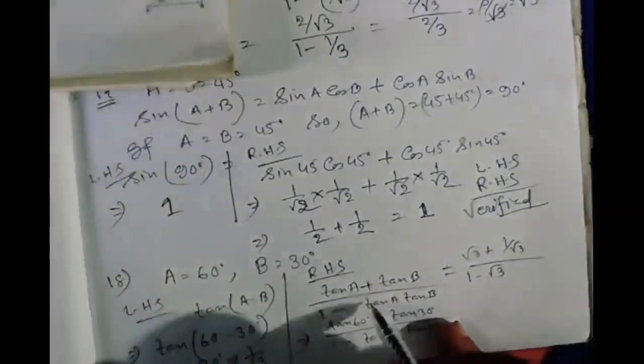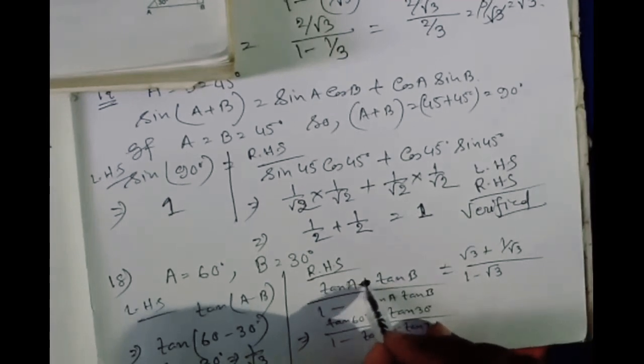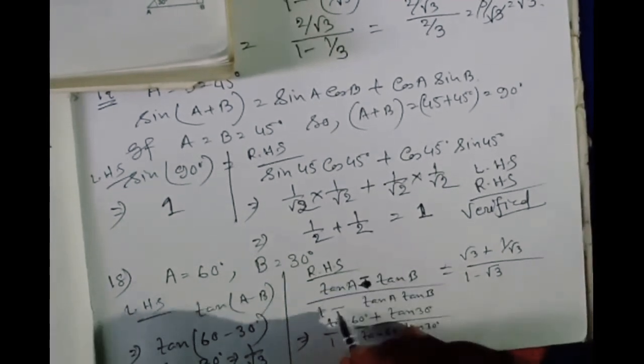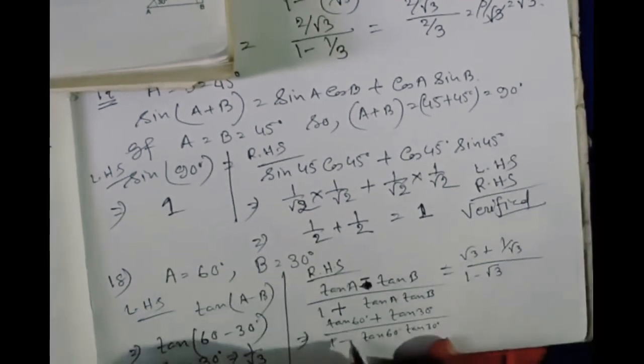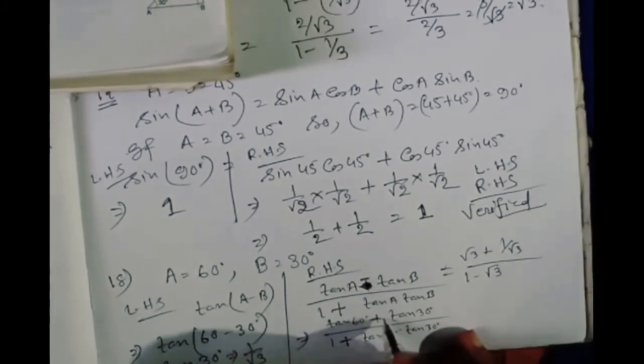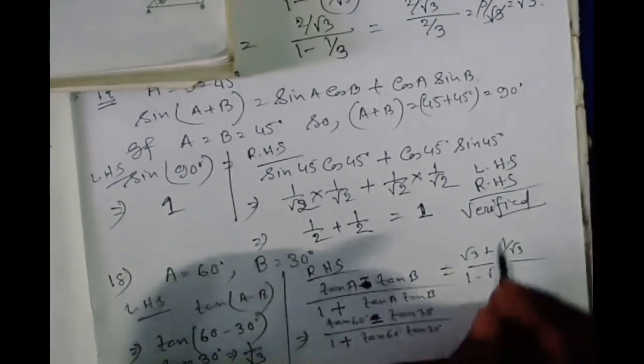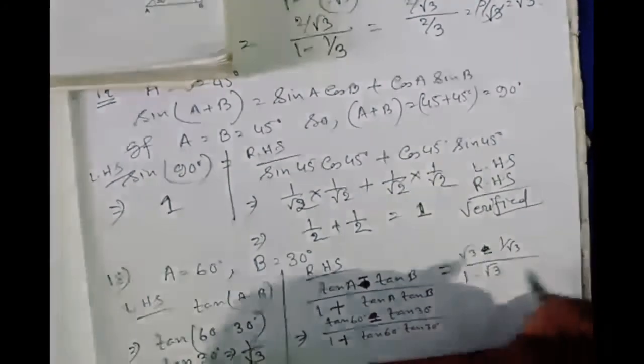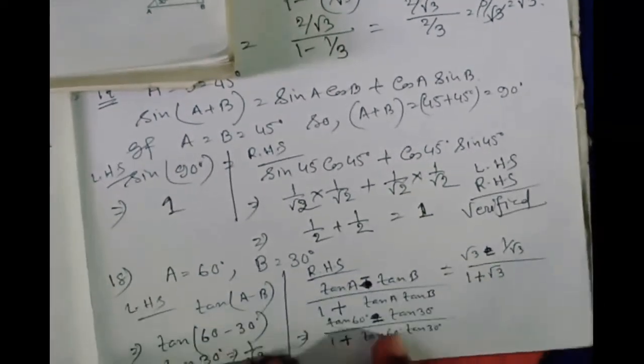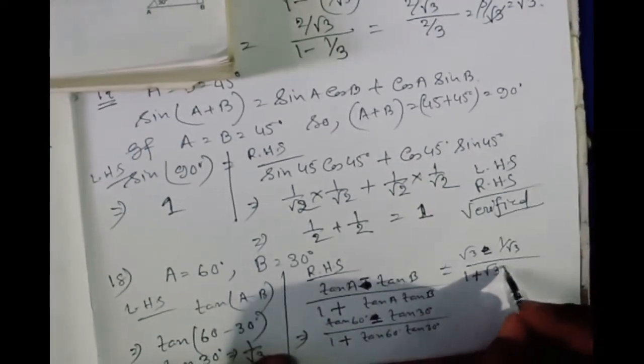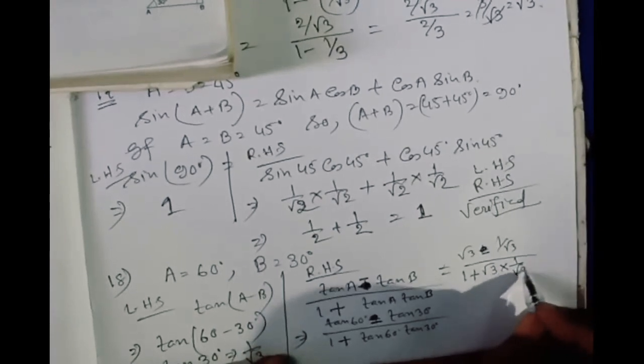We have to verify tan A minus tan B, so here minus should be done, here plus should be done. So, this is root 3 minus 1 by root 3, this is 1 plus root 3 into 1 by root 3.